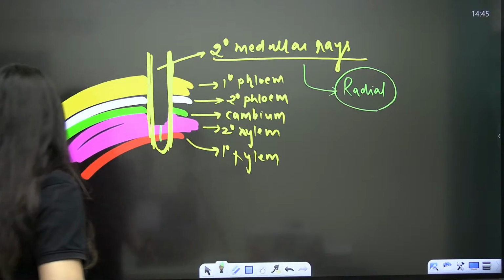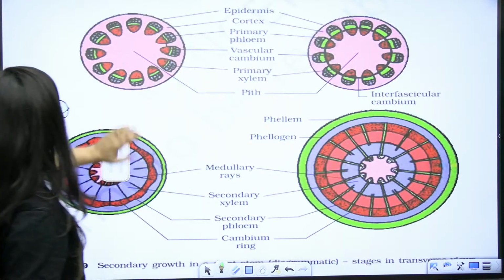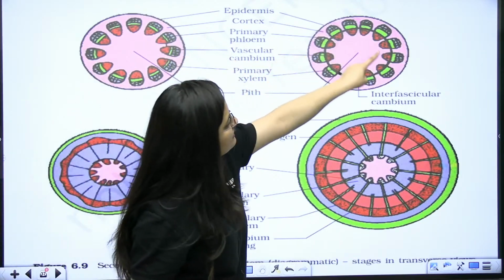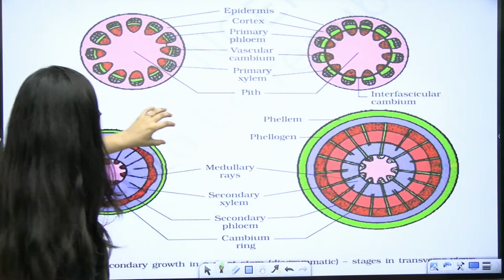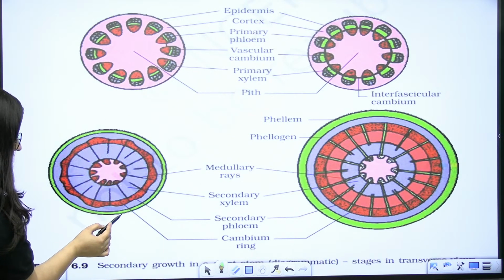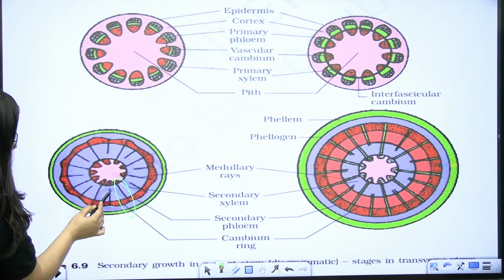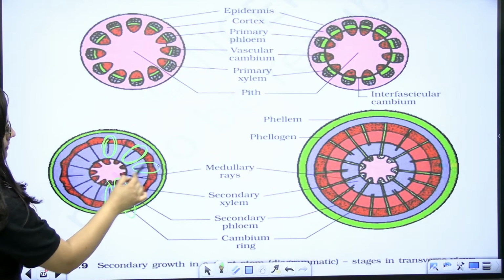Done. So now let's compare it with the diagram. This one. See the completion of this ring, and then the xylem and phloem will be formed, and there comes a time when these secondary medullary rays will form. Clear?